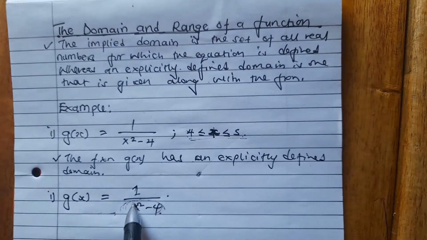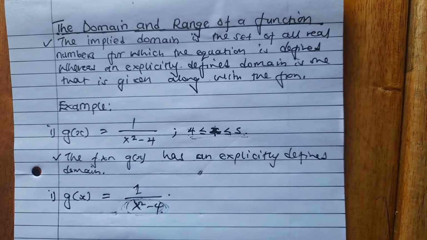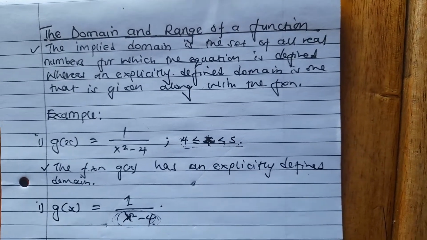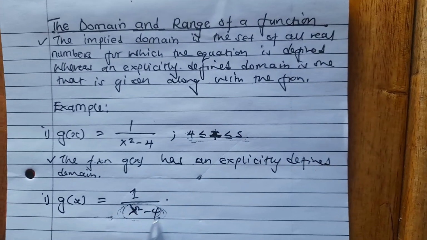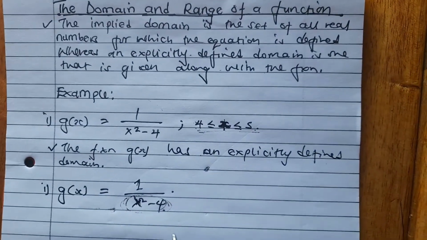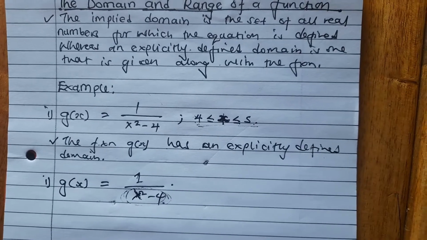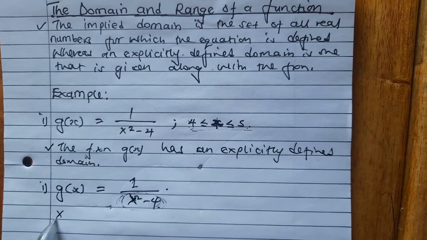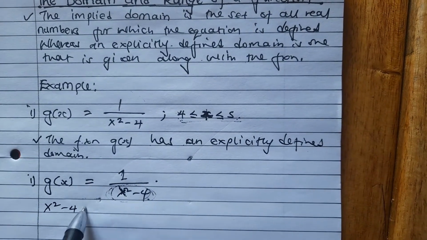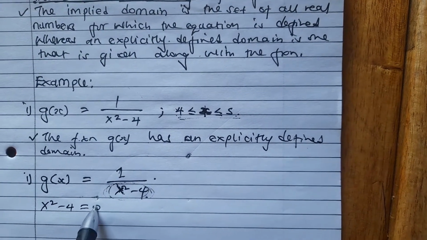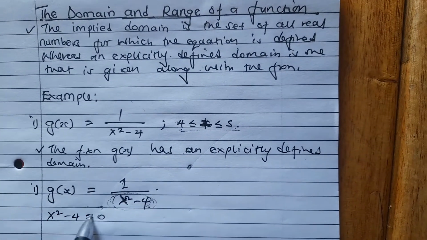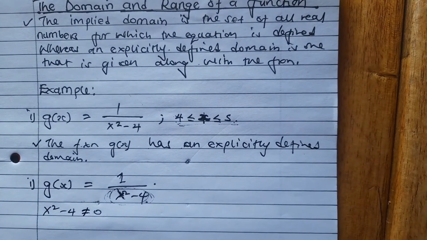So there is a number that, when I plug it in to replace x, will make the whole denominator 0, and that is the input where the function is not defined. So when x squared minus 4 is equal to 0, this function will not be defined, such that x squared minus 4 should not be equal to 0.